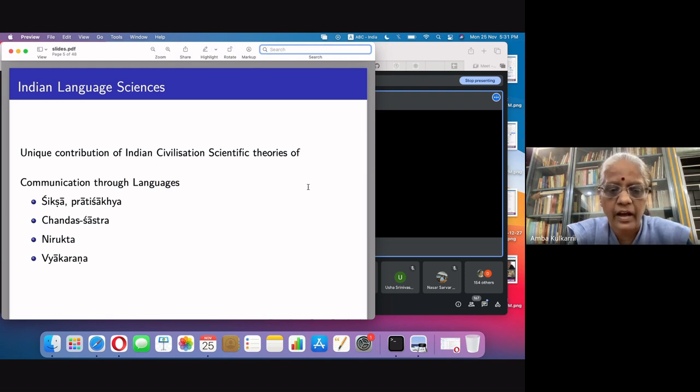Some of them are listed here: Shiksha and Pratishakya, which deal with the phonetics of the language, how and from which part of your mouth organ various sounds emerge, or the Chandas Shastra, which deals with the prosody, or Nirukta, which tells you the etymology, the derivation of a word, and Vyakarana, which is the grammar, which tells you how a word is formed, what is the suffix, what is the stem, how a sentence is formed, how to analyze a sentence, and all that.